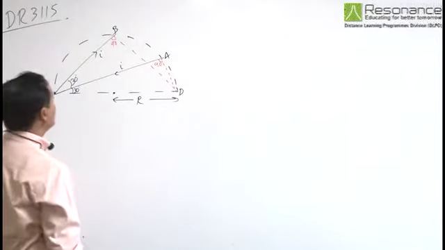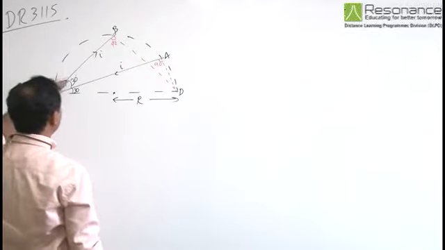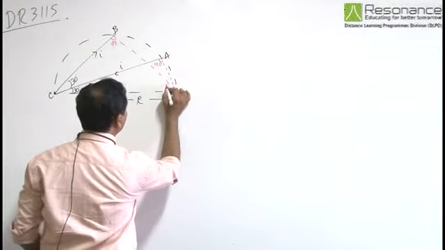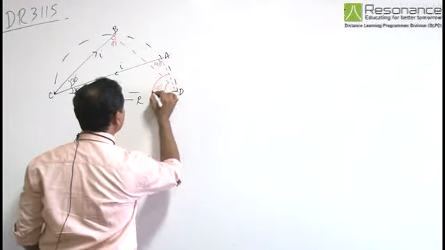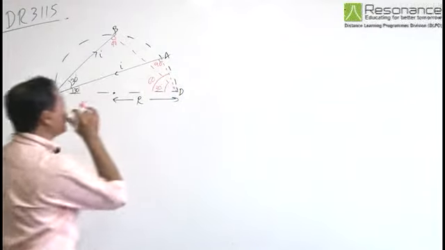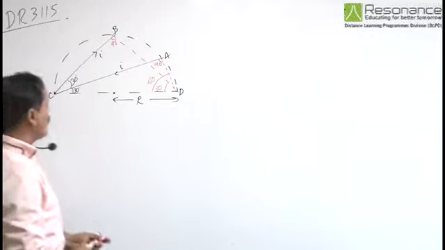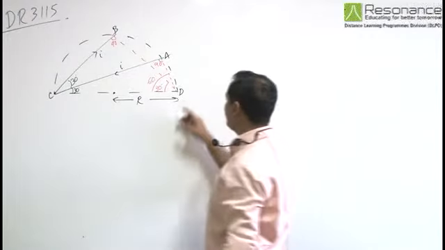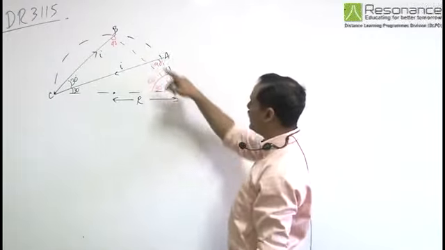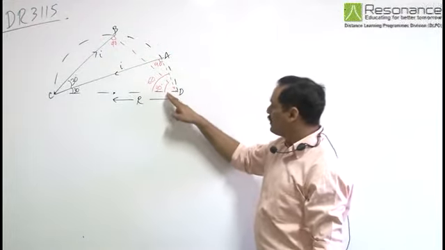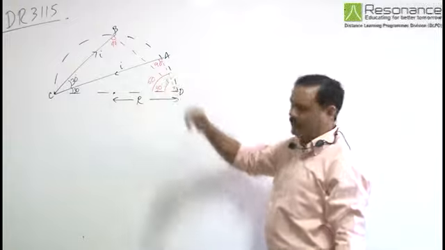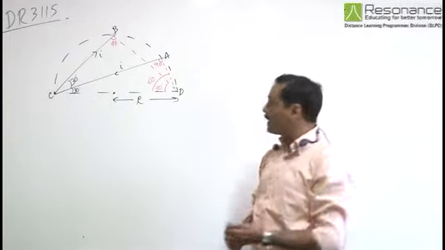So from here we can conclude, as this is 60 degree, this is 90 degree, this particular angle is 30 degree and this angle is 60 degree. So as we can see, the angle at D for these wires varies from 0 to 30 degree in one case and 0 to 60 degree in the other case.